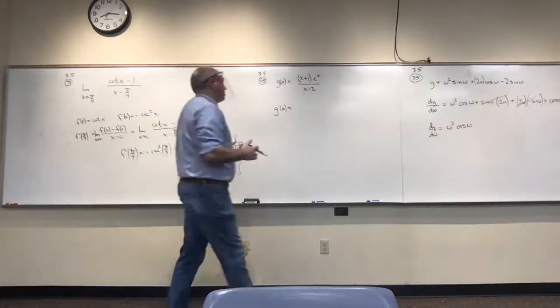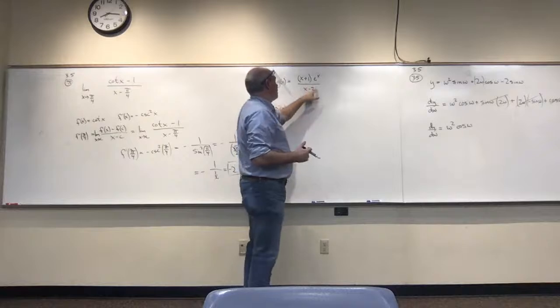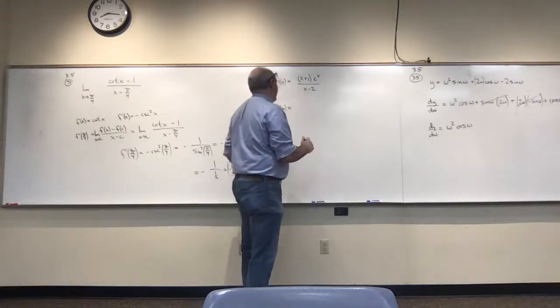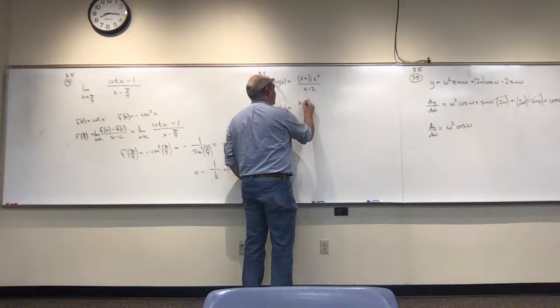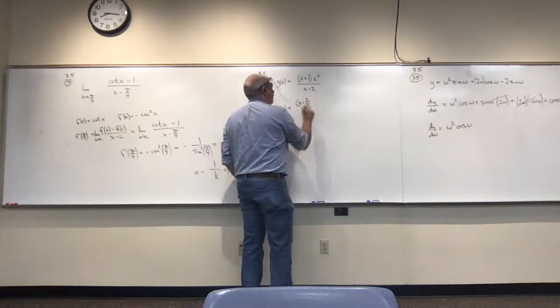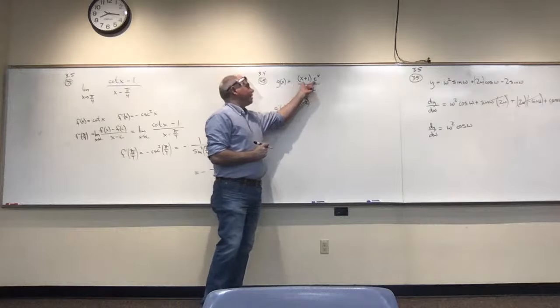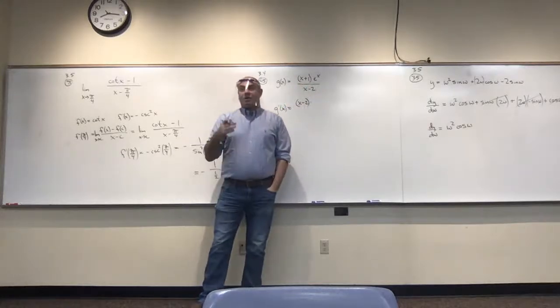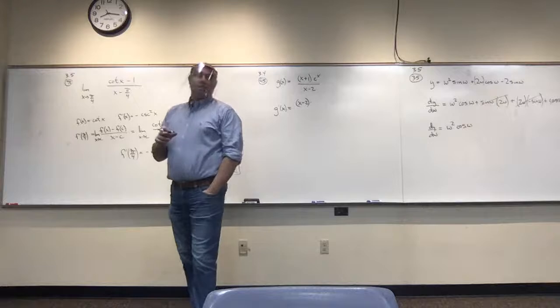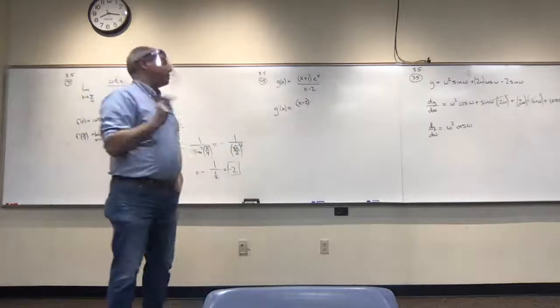The quotient rule says, take whatever's on bottom and write it down, so x minus 2. Then multiply that by the derivative of what's on the top. But what's on the top is a product, so I have to use the product rule.